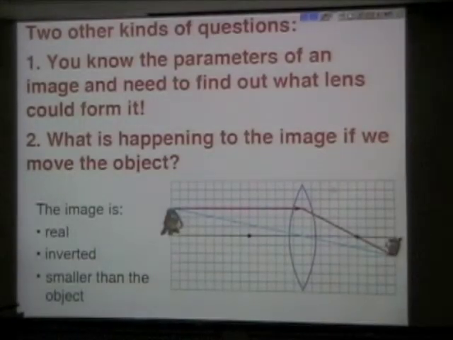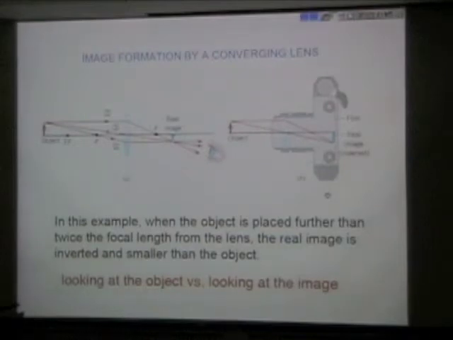Well, now we need to take a look at practical applications of this theory. For example, the photo camera. What's happening? Well, here, instead of using an eye, which converges light on the retina, we just use a screen. But of course, we can use a screen only when the image is real. So it might be one lens only involved or several lenses, doesn't matter.